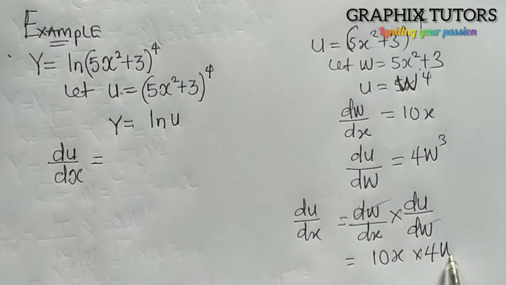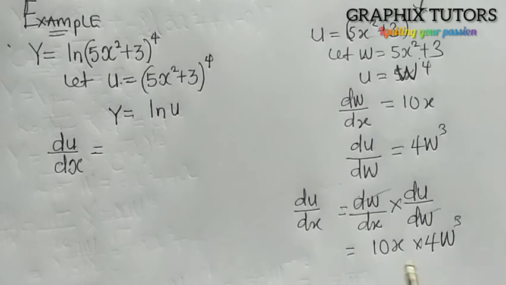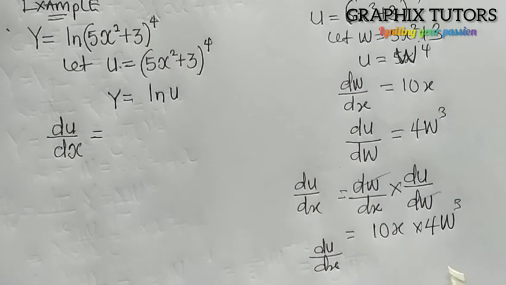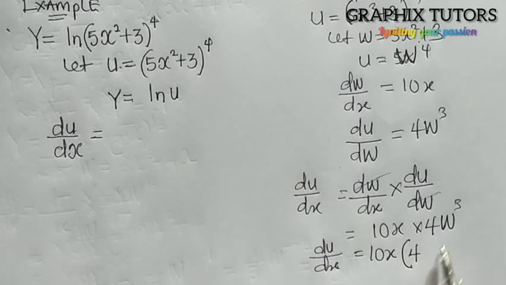That is 4w cubed. So what I will simply do here is say my du over dx will now give me 10x multiplied by 4w cubed. What is w?